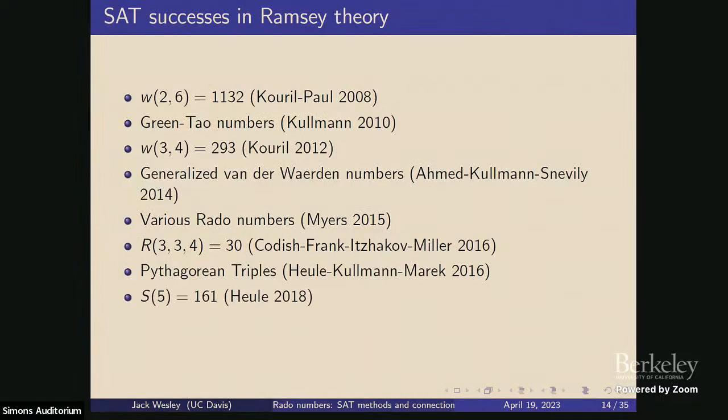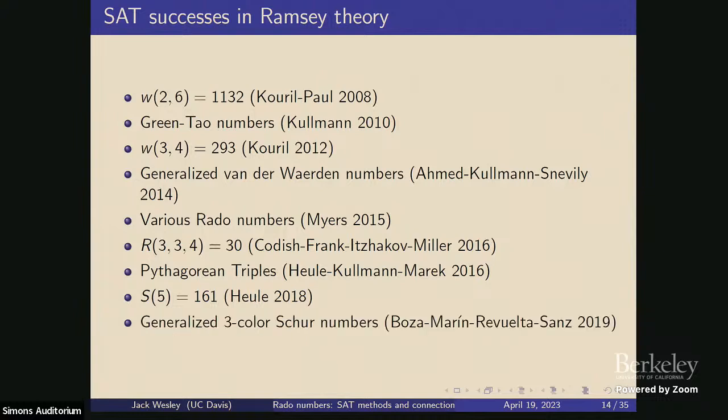And Schur number 5 was done a few years ago by one of our audience members. And then there's also this result on what are called generalized three-color Schur numbers, which are a type of Rado number, done in 2019.